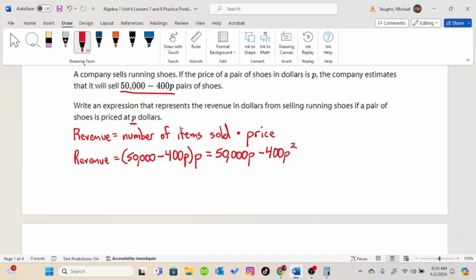So again, you see that revenue, which describes how much money you make before paying expenses, is a quadratic function.